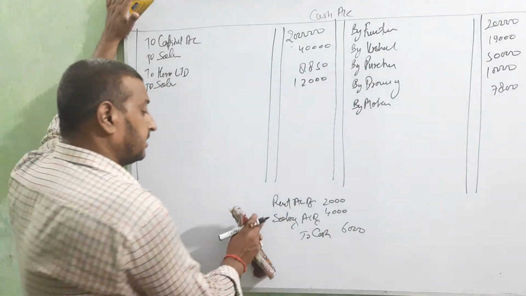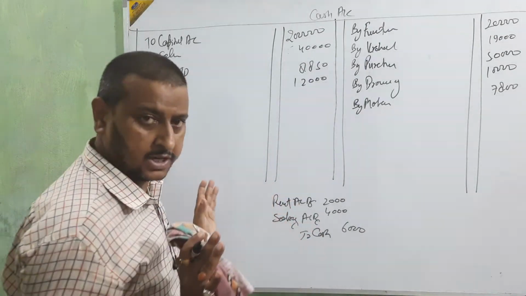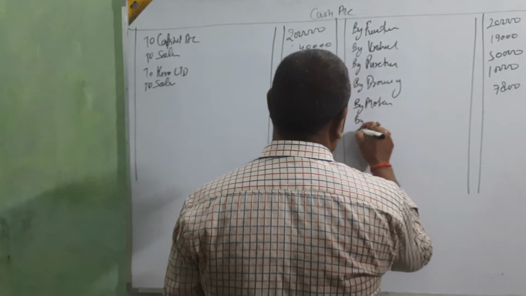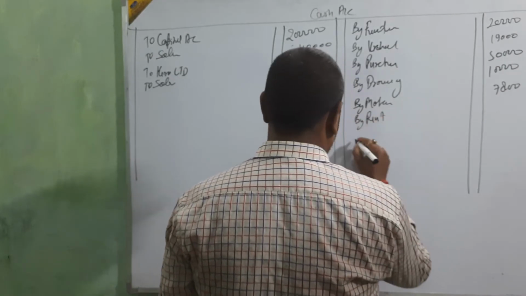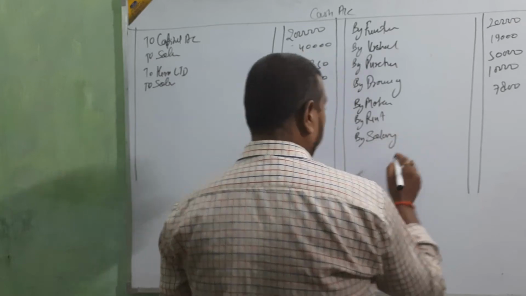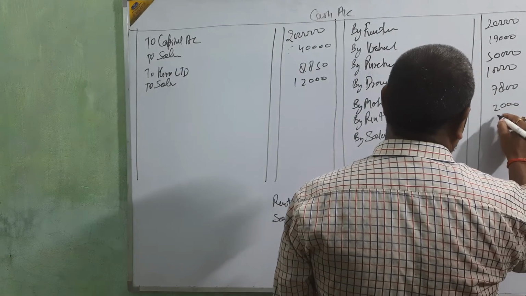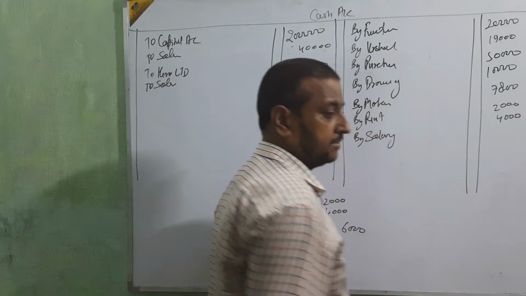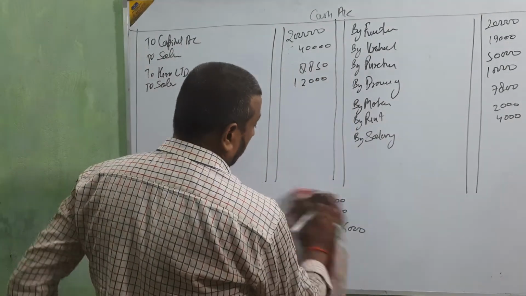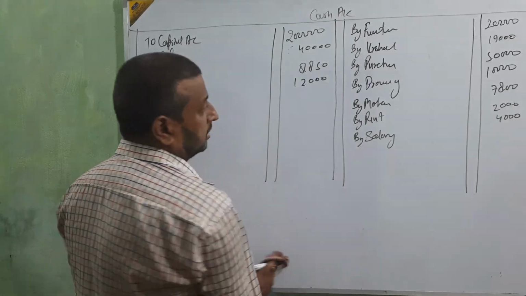Credit. It means sure and certain these two will credit, because both are the opposite of the cash. So by rent 2,000 and by salary 4,000. Next. Is it clear, beta? How to post it is clear or not?